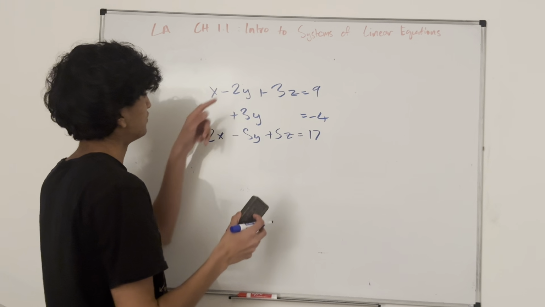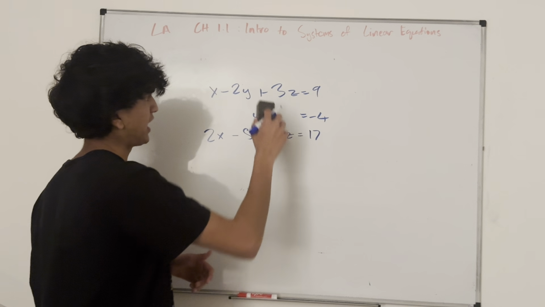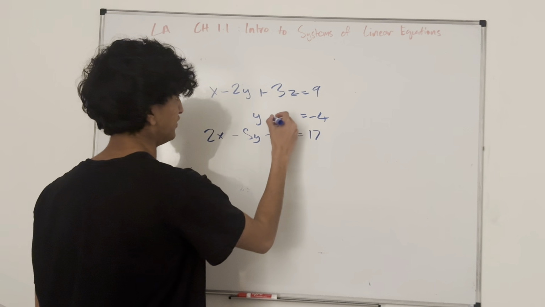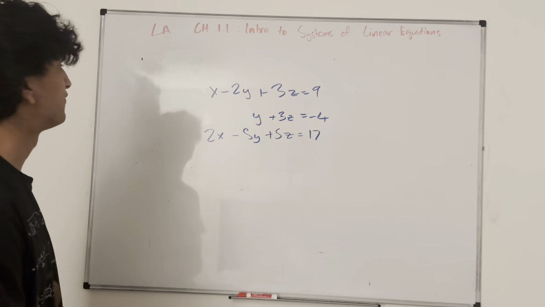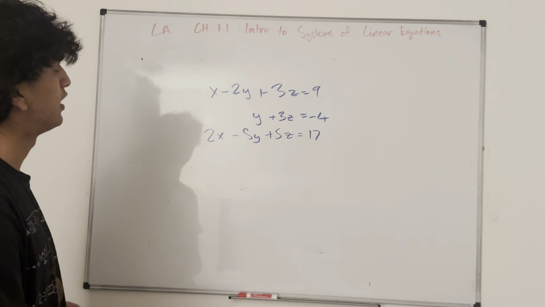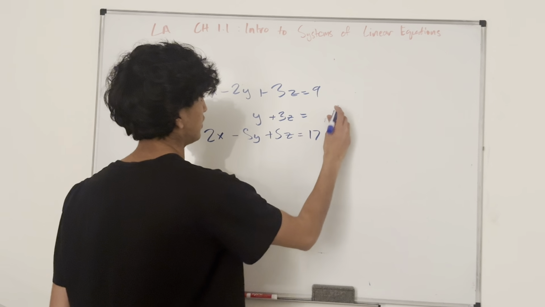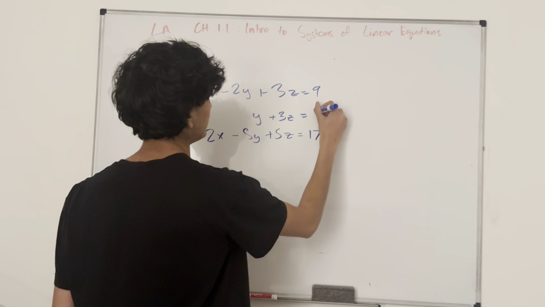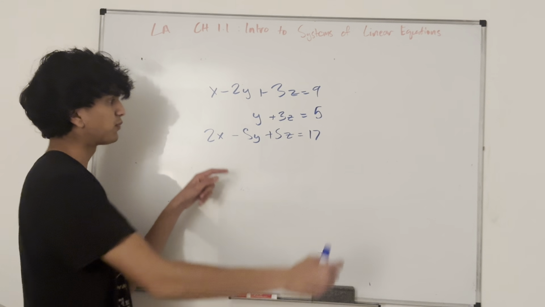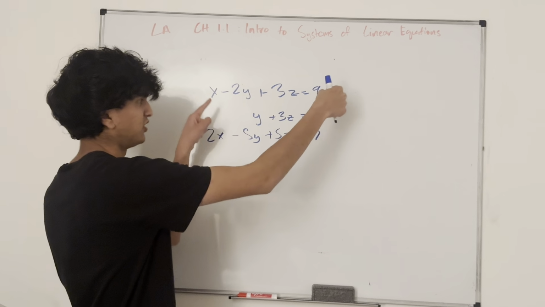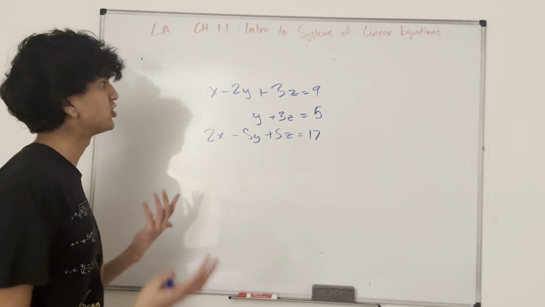When I do negative 2y plus 3y, I get y. And when I add 3z to nothing, I get 3z. And when I add 9 to negative 4, I get 5. 9 minus 4 equals 5. So I didn't change the system really, right? Whatever point satisfied this equation and this equation will still have to satisfy this equation, so nothing really got changed.